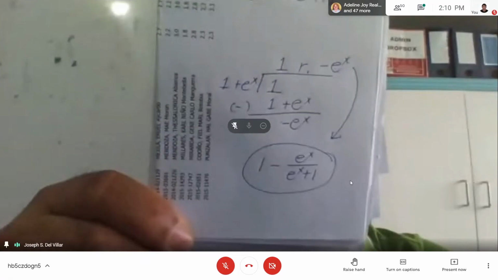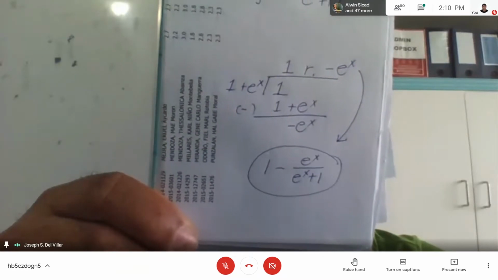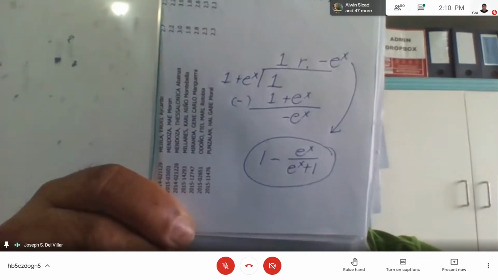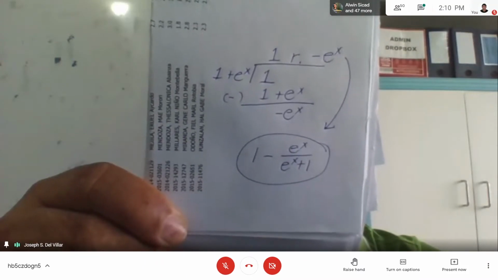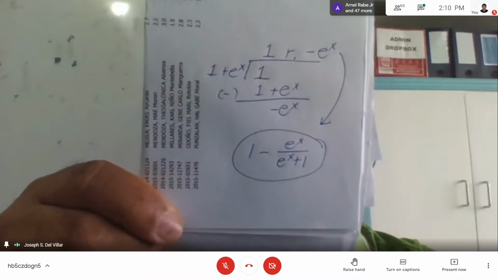This is what I divided: 1 divided by 1 plus e to the x. So the quotient is 1, and then there is a remainder of negative e to the x.